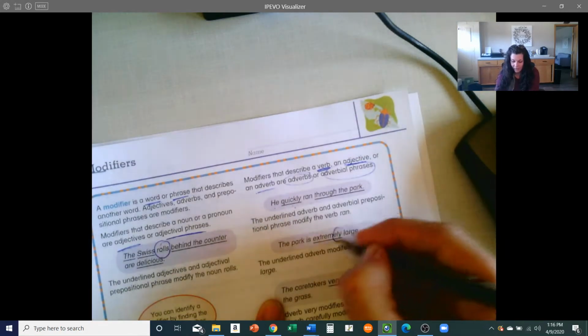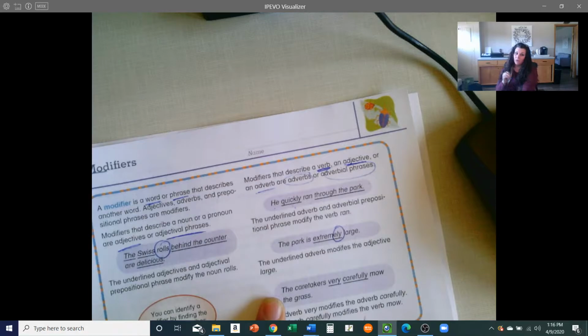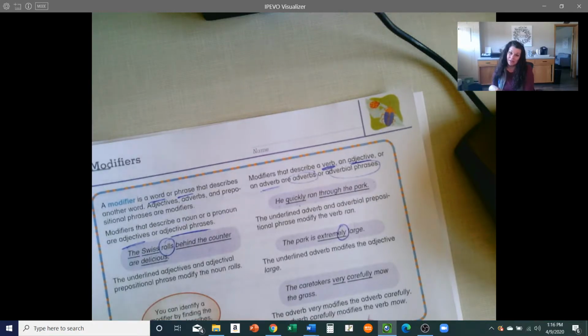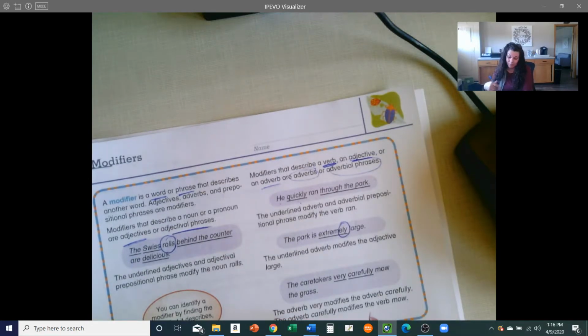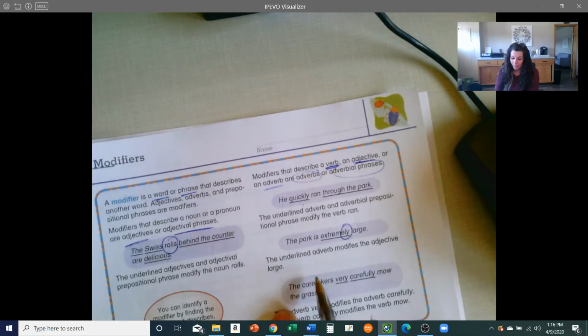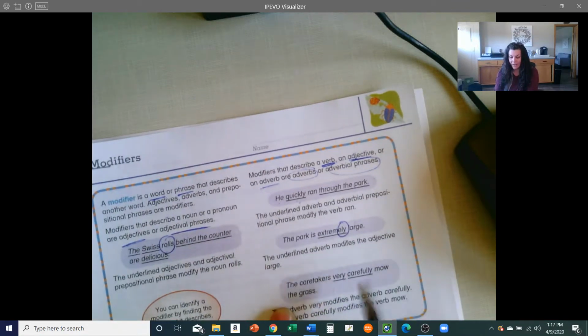And we talked about that the other day, that a lot of ly words are adverbs. Not all of them. Like friendly is an adjective, but it ends in an ly. Or silly is an adjective, and it ends in an ly. So just because it ends in an ly doesn't make it an adverb, but often that's what they are. Okay. The caretakers very carefully mow the grass.